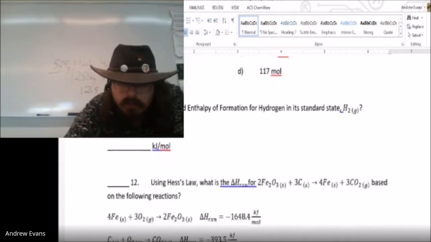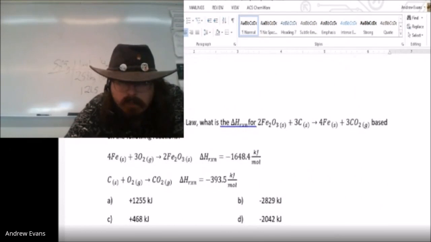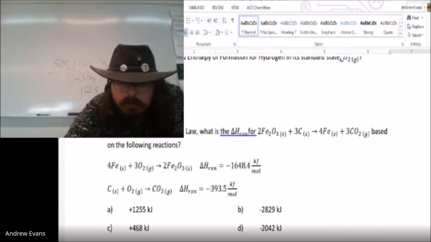Hess's law problem based on this. Based on these reactions, how much energy would this reaction form? The iron oxide and carbon goes to iron and carbon dioxide. So, looking at this reaction, it is correct as is, but it's backwards.